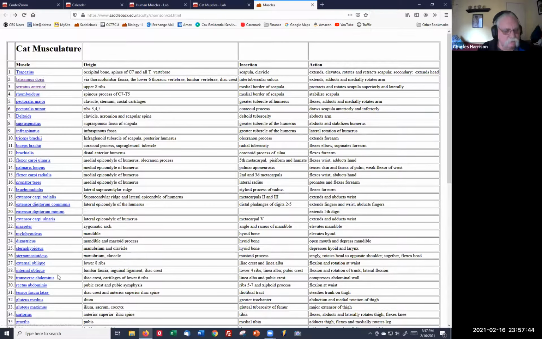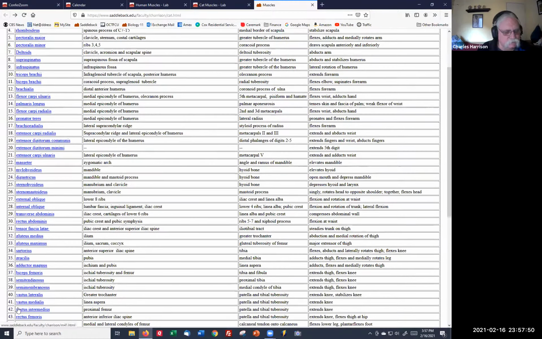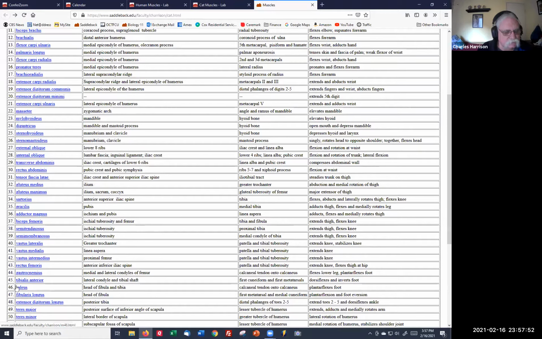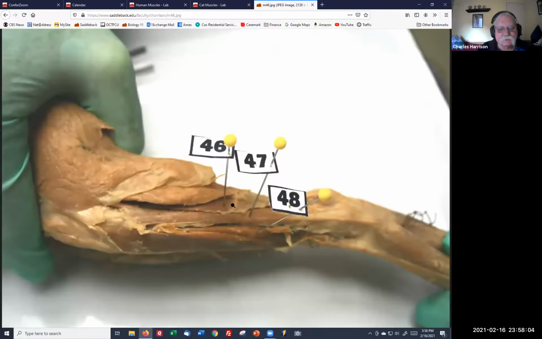We did the soleus. That's number 46 or so, but you've got to see it bigger. Here it is. This is the calf muscle, the gastrocnemius, the soleus.